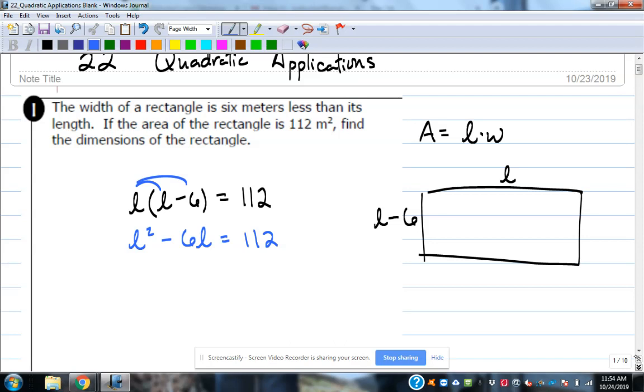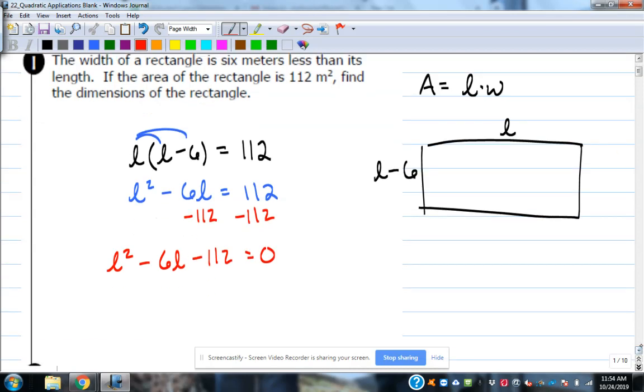Get it equal to 0. When we get it equal to 0, that helps us do one of two options when it comes to solving. What are the two options for which the problem has to be equal to 0? The X method of factoring, and not complete the square. It's related to that. Quadratic formula, okay?